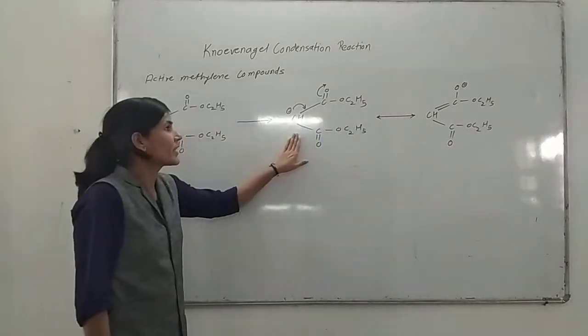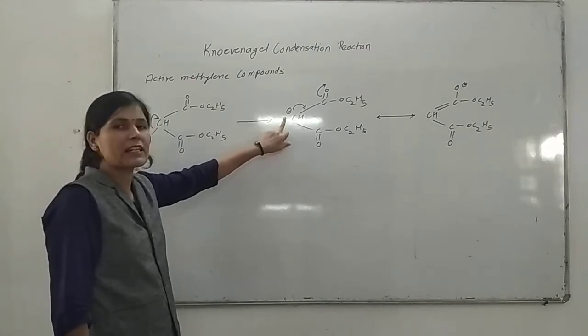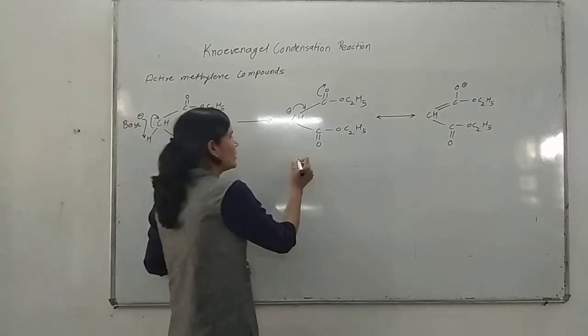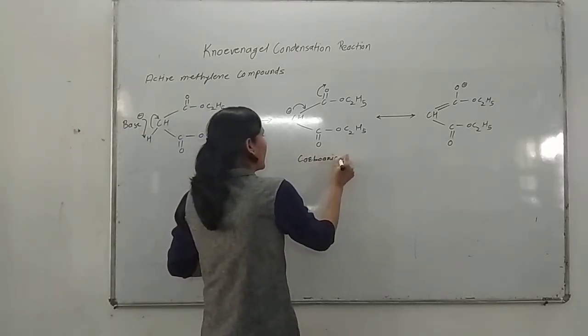Now concentrate here. In the first structure, the negative charge is present on the carbon atom, so that's why it is called a carbanion.